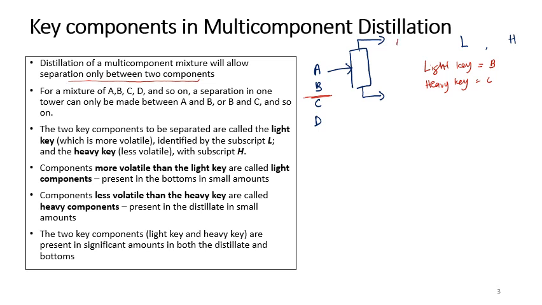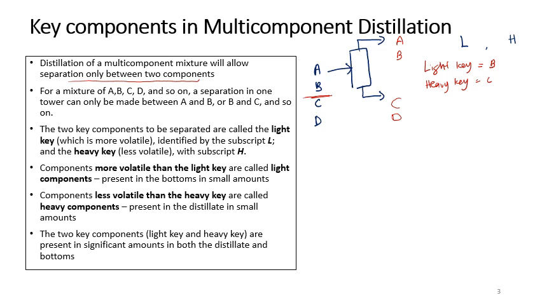So we can expect the top of the column to contain mostly A and B, and then at the bottom of the column you have mostly C and D. Of course, there is no perfect separation, but hypothetically, this is what we aim to achieve in a multi-component distillation.